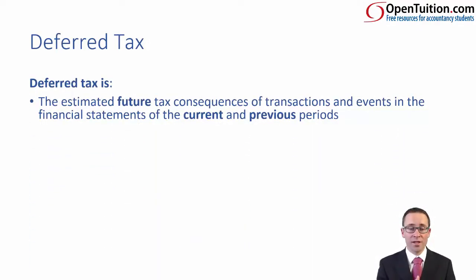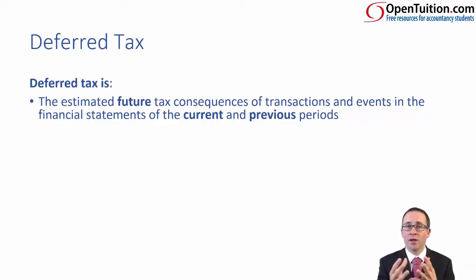Deferred tax, by definition, is the estimated future tax consequences of transactions and events in the financial statements of the current and previous period. So the transaction and event needs to have taken place either this year or in previous years, and then the tax impact of it is in the future.